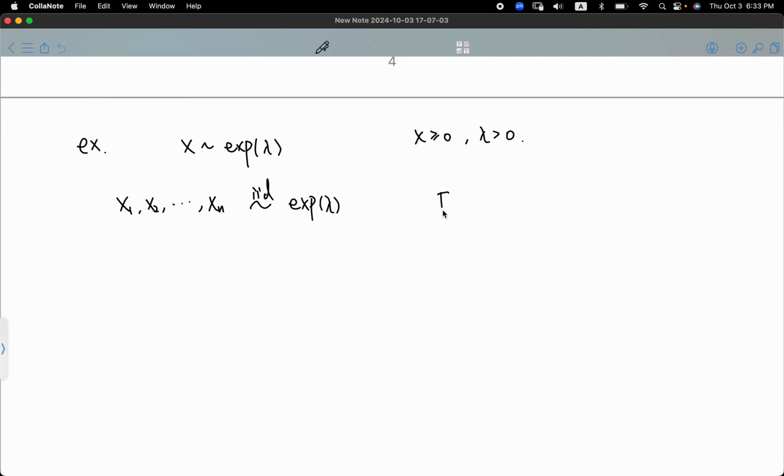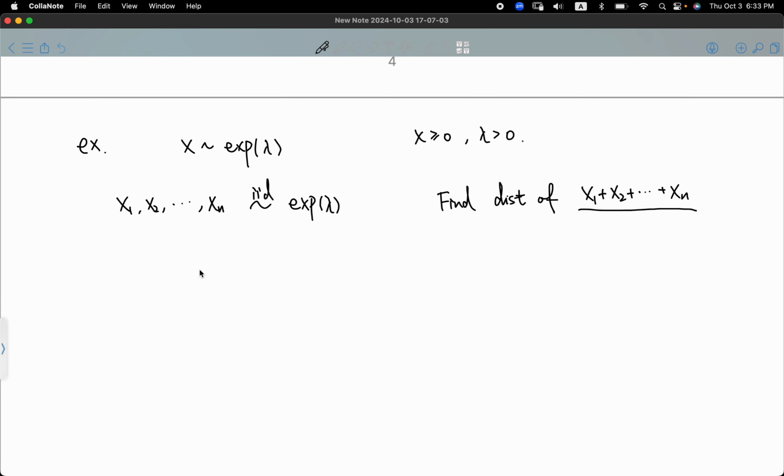So what we want is to find the distribution of x1 plus x2 plus xn, the sum of exponential random variables. So this is a similar setting to exercise 6 and 7, except that we are using exponential. So when you're doing the homework, make sure you use the corresponding distribution or the probability density function.